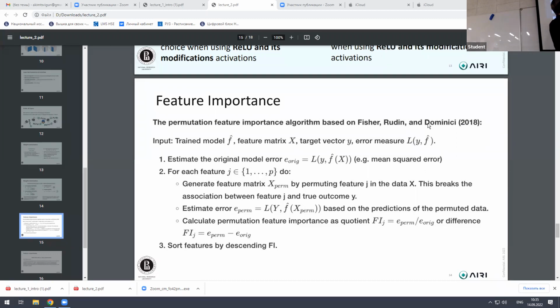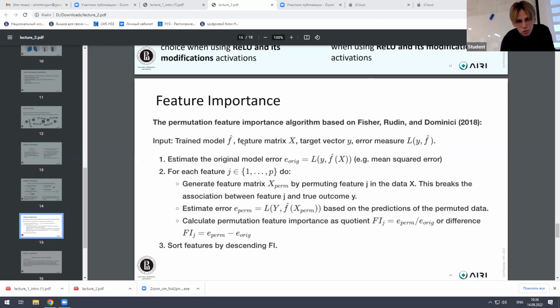So, I would say this algorithm is used a lot, and of course for some applications like computer vision, natural language processing, speech recognition, we would not need this because it's hard to estimate the importance of one feature of one word, but it's used in a lot of other applications.